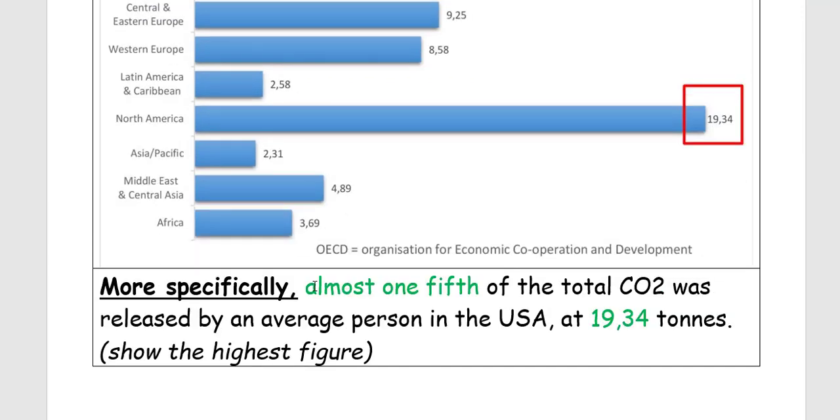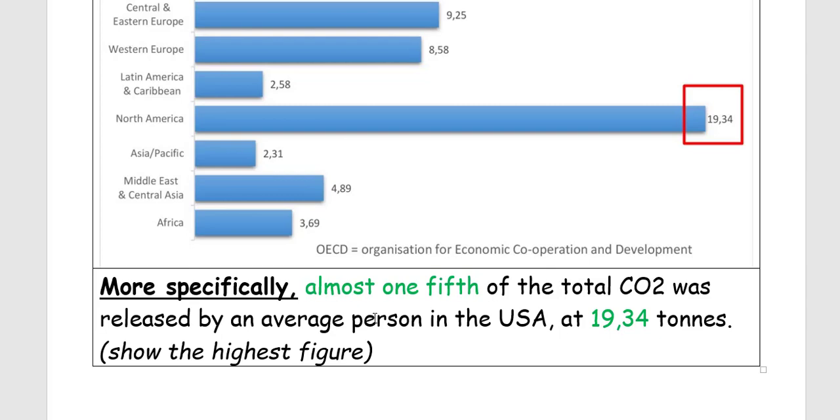More specifically, almost 1/5 of the total CO2 was released by an average person in the USA at 19.34 tons. Okay, so when you are writing the next paragraph, make sure to focus on very specific details.